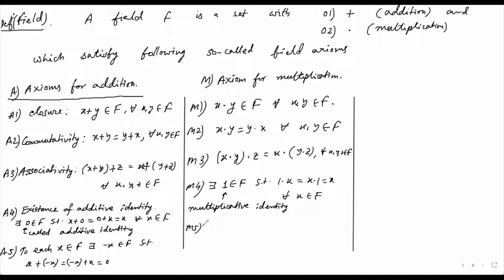The fifth axiom for multiplication says that for each x in F with x not equal to 0, where 0 is the additive identity, there exists an element, we denote it by x power minus 1, belongs to F such that x times x power minus 1 equals x power minus 1 times x, which equals the multiplicative identity 1.